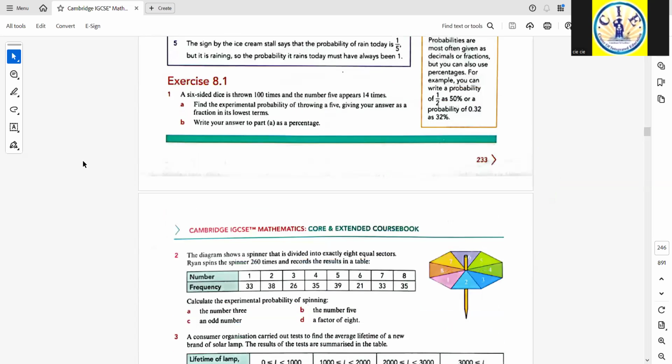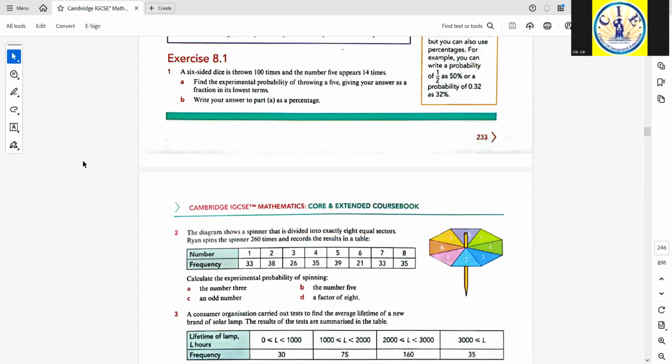With this now, I start off with exercise 8.1. A six-sided dice is thrown 100 times and the number 5 appears 14 times. Find the experimental probability of throwing a 5, giving your answer as a fraction in its lowest terms.